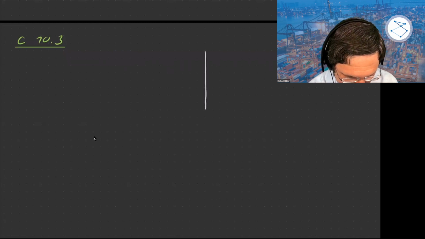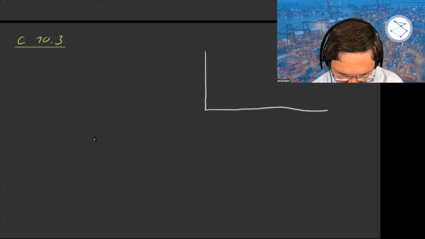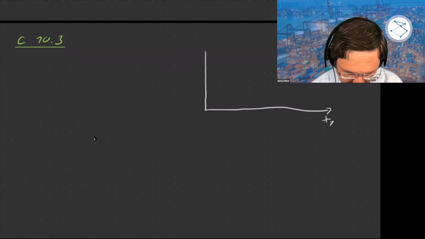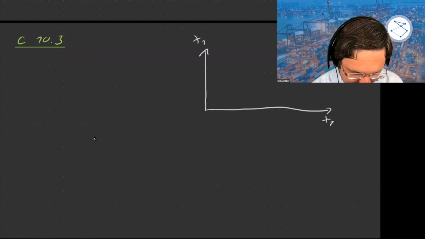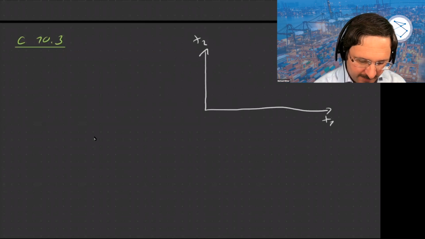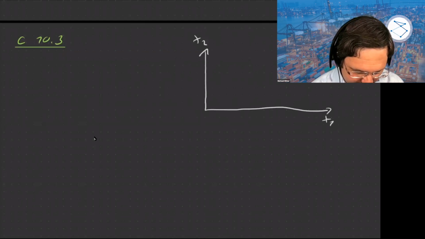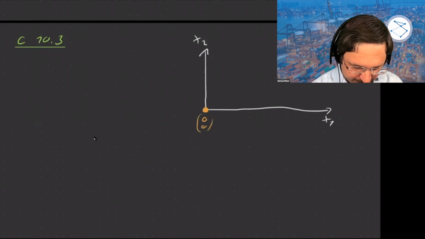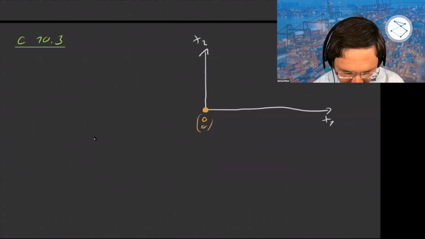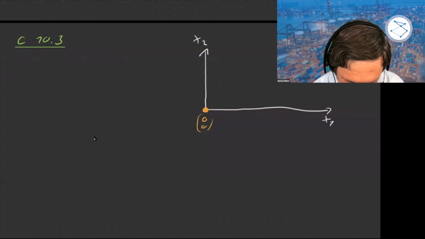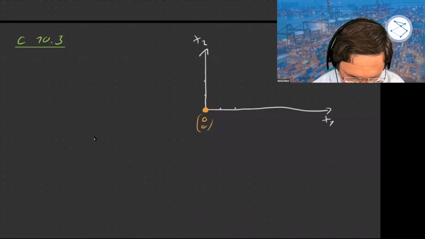So, positive. So let's see something like that here. X1. This is going to be x2. The points are 0, 0. That's of course here. Then we have 3, 0. Let's see. 1, 2, 3. 1, 2.